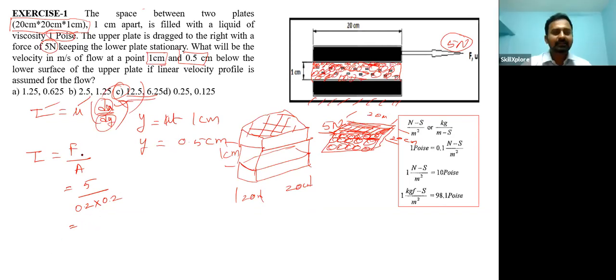Okay. So if you calculate the shear stress, then automatically if you apply the value, it is easy for you to calculate the U value. We have two conditions here.